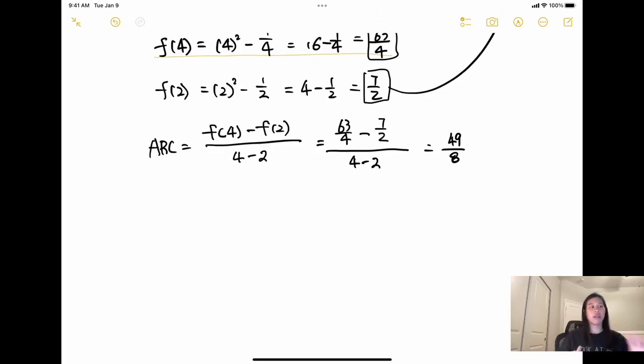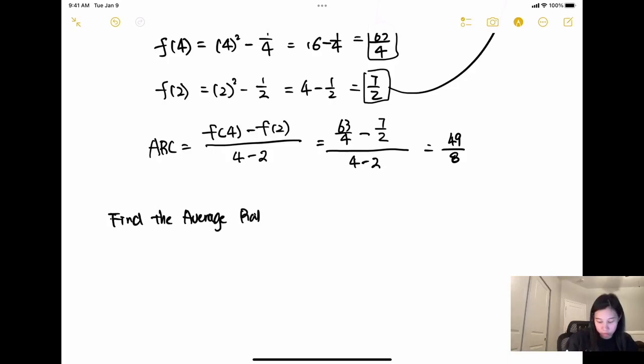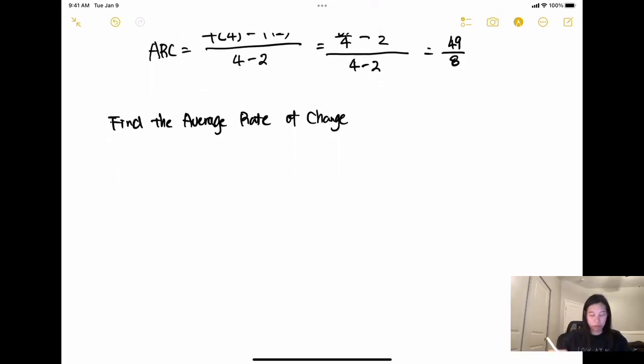Okay, so what if sometimes the average rate of change is on an interval that is not a number, it's a letter, such as, I want you to find the average rate of change of the function f(x) equals x cubed plus 2 on the interval a to b.